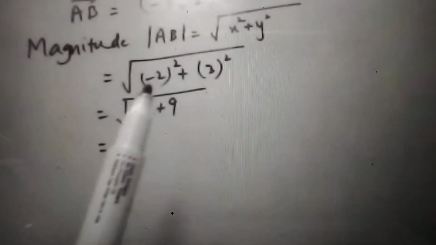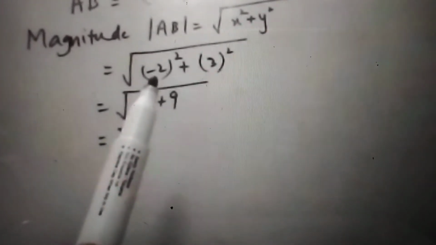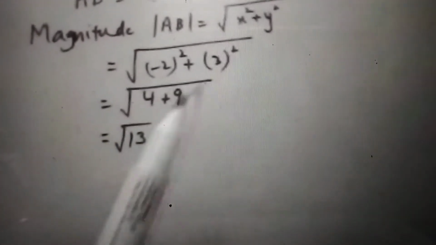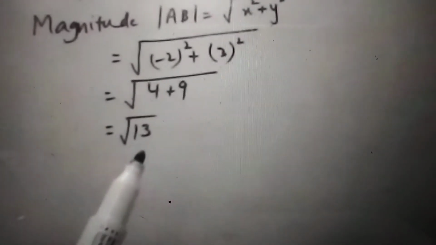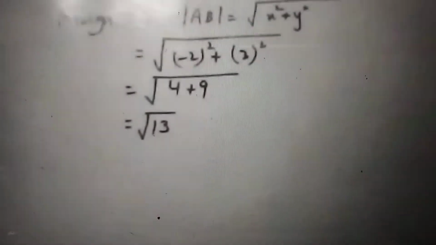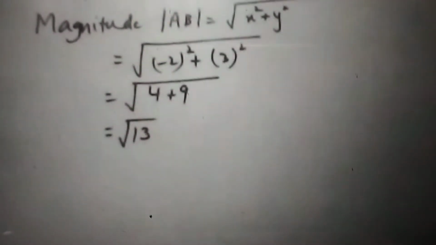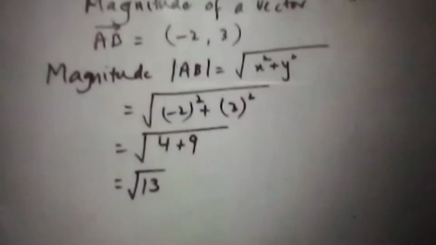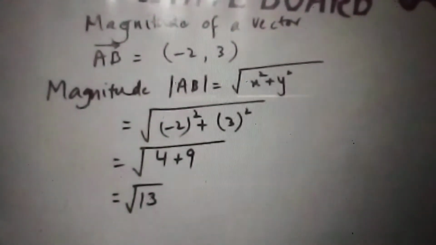So we just replace the values: in place of x, -2 squared, 3 squared, you get 4 plus 9, which is square root 13. This is the method to find the magnitude of the vector.